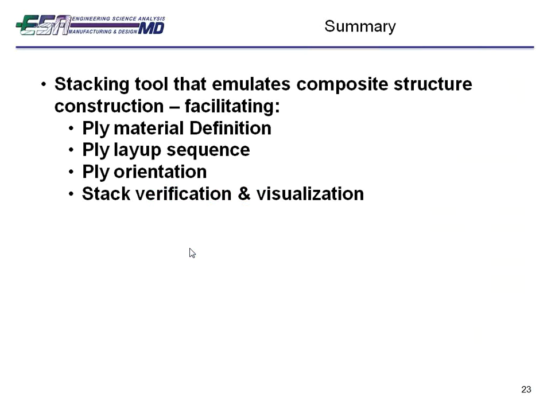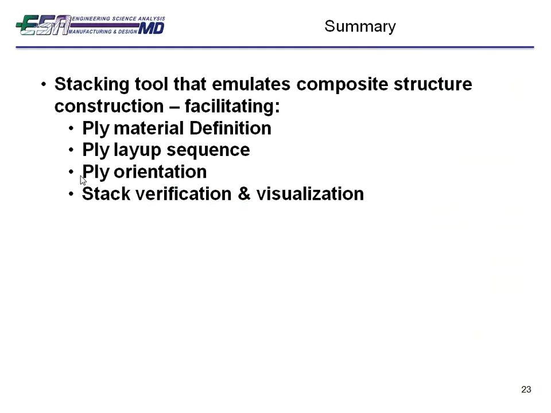Okay. So that completes our quick introduction to the MSC Laminate Modeler. It's a tool that emulates composite structure construction by allowing you to define easily the ply material definition, the ply layup sequence, the ply orientation, stack verification, and visualization.